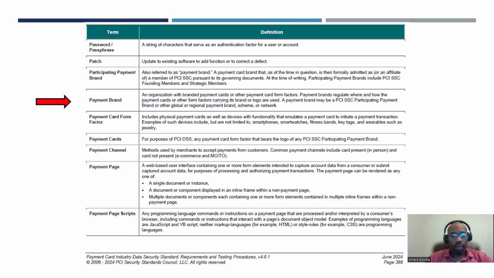A payment brand, we talked about this before, regulates how or where a payment card or any other form factor carrying this logo can be used. The payment brand also is a participant within the PCI Council. Payment card, for the purpose of PCI, is any payment card form that bears the logo of a participating payment brand.